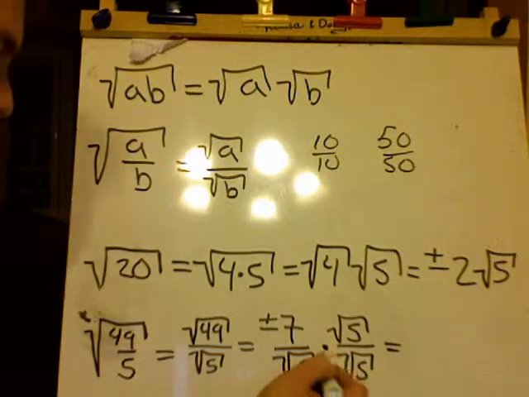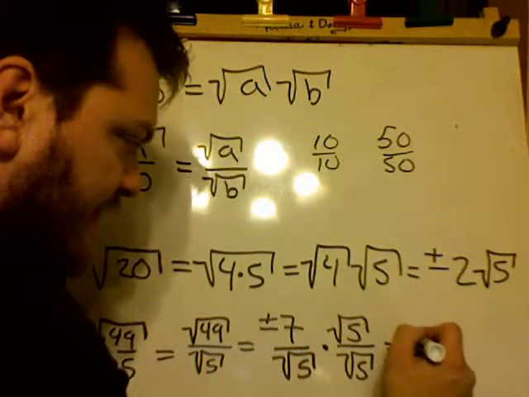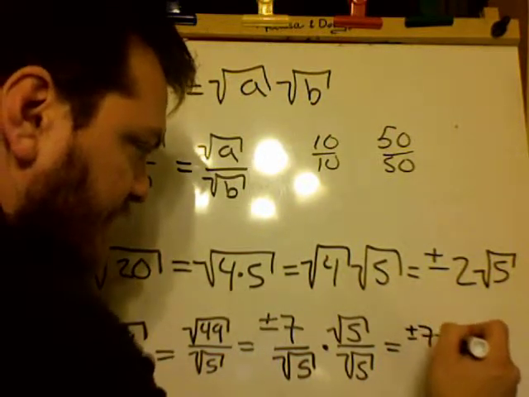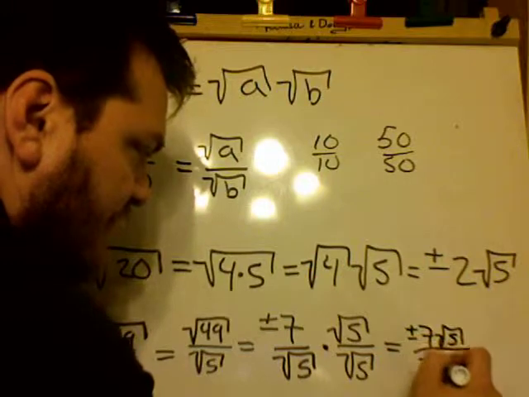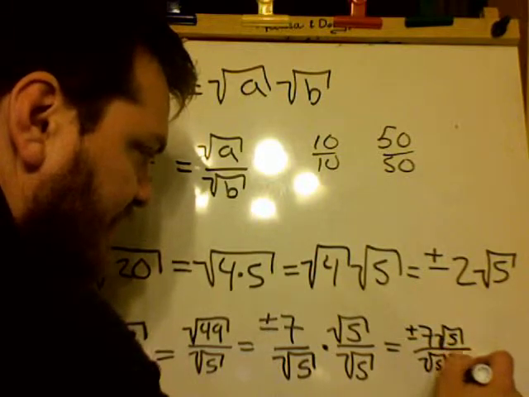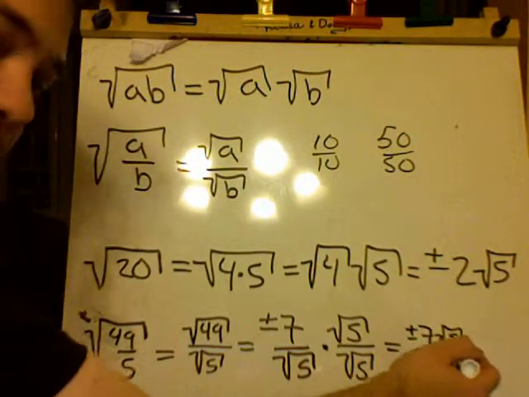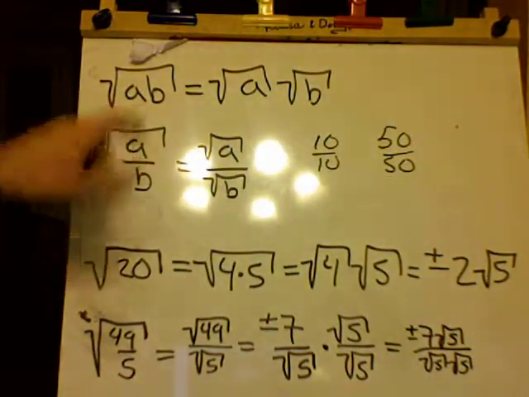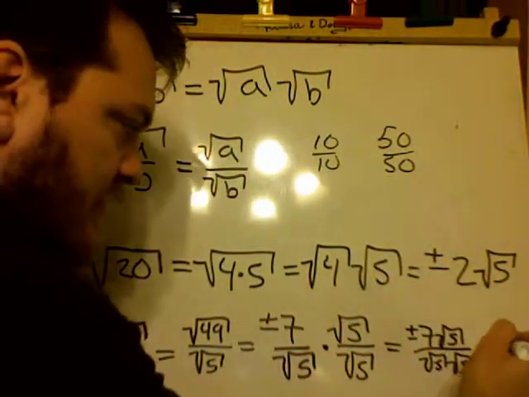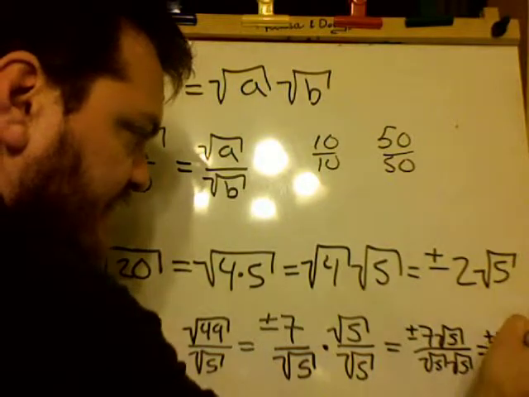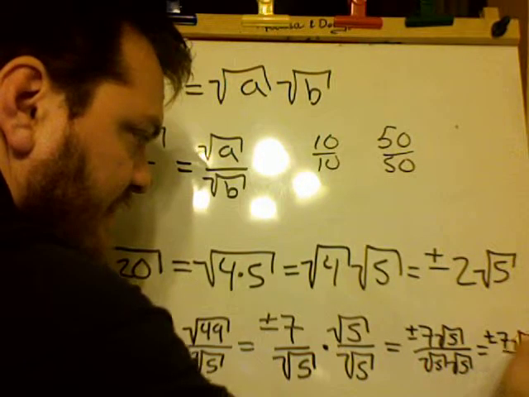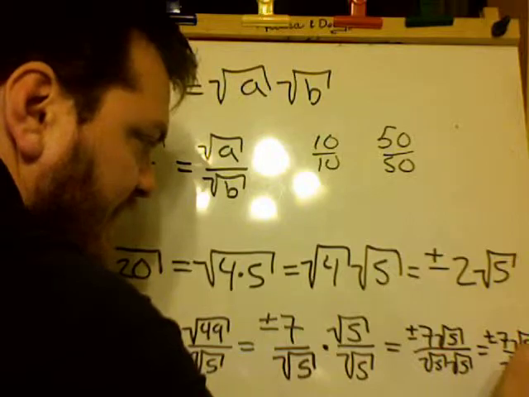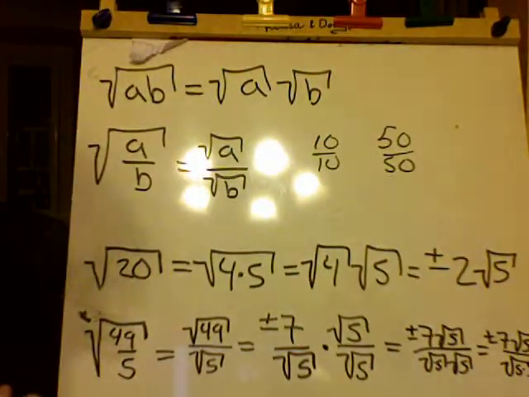Well, the point is that if I use this rule here, I've got plus or minus 7 times the square root of 5 over the square root of 5 times the square root of 5. Well, I can rewrite this using this rule to go backwards as plus or minus 7 root 5 over the square root of 5 times 5.